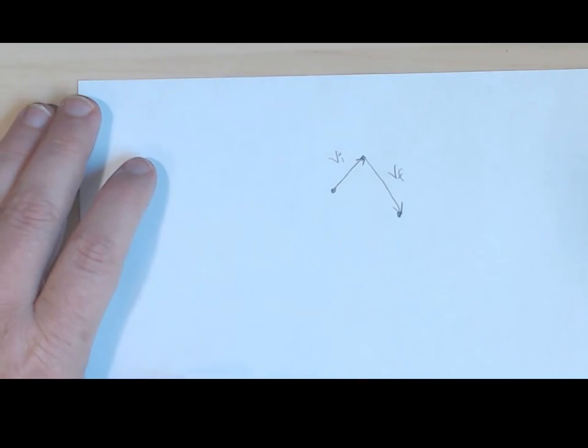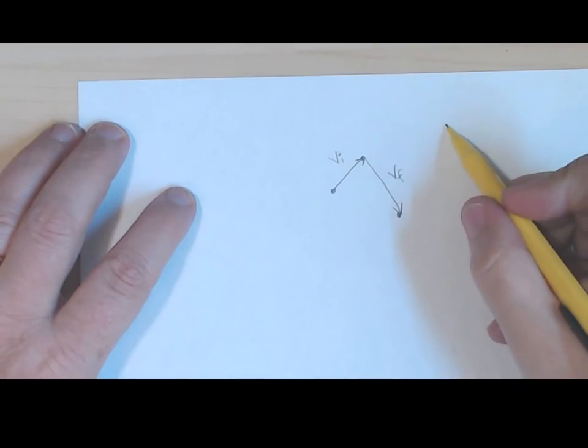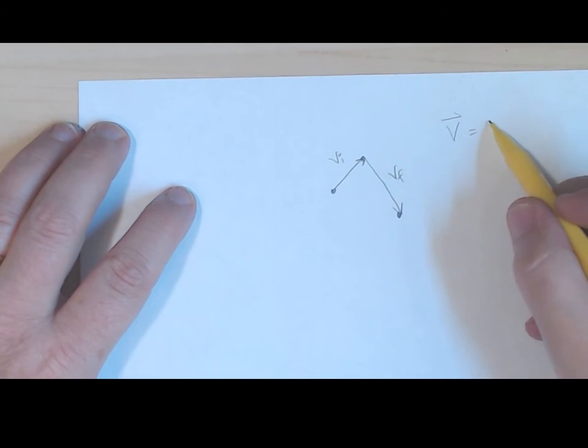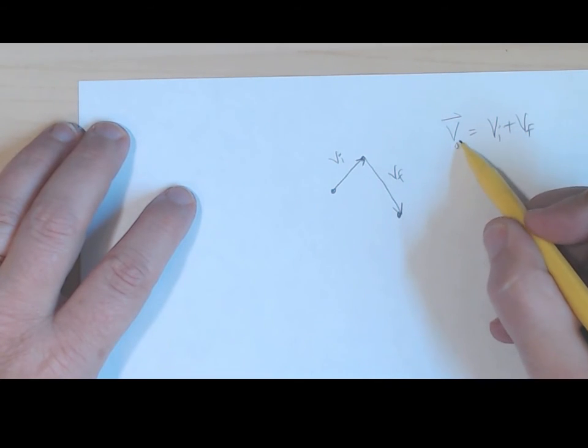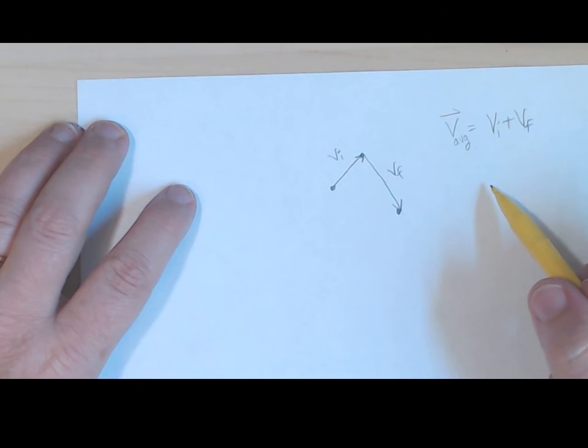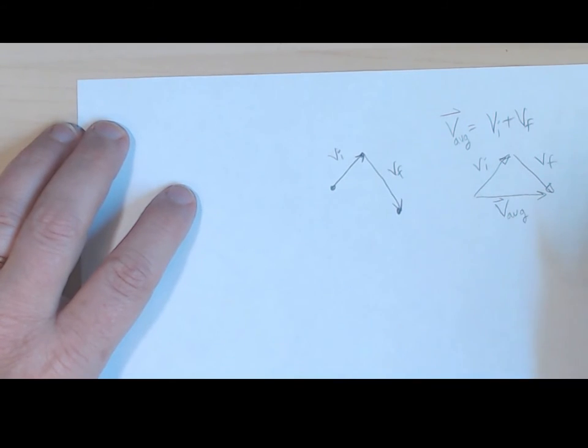All right, so I want to look for two things. Let's look for the resulting velocity, in other words, the total velocity, which of course is Vi plus Vf. This would be really what you would call average velocity, right? So how do I find average velocity? Average velocity is just a plain sum of the two. So this is the resulting velocity vector.